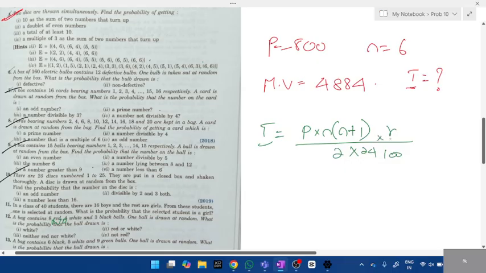Is R given in the question? R is not given. Then we don't need to use this formula. What is the MV formula? MV is equal to P into N plus I. Make a note of this formula. Use the second formula and complete this.